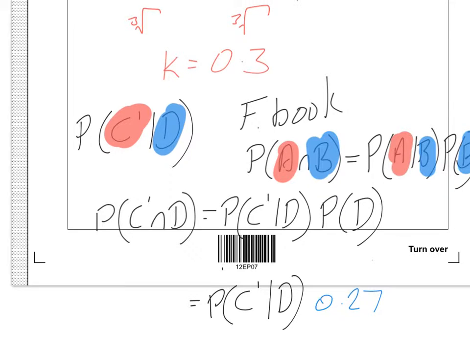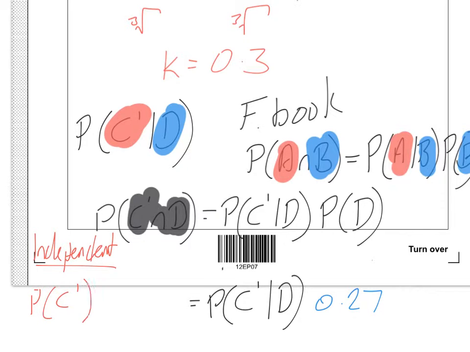And then the last bit is, what's the probability of not C intersect D, of them both not happening? Well, they're independent, which means that I can calculate that just by doing the probability of C not happening multiplied by the probability of D happening.